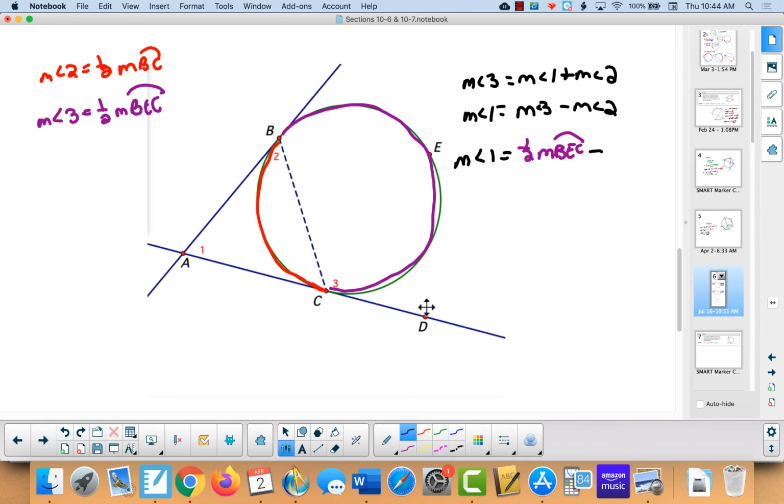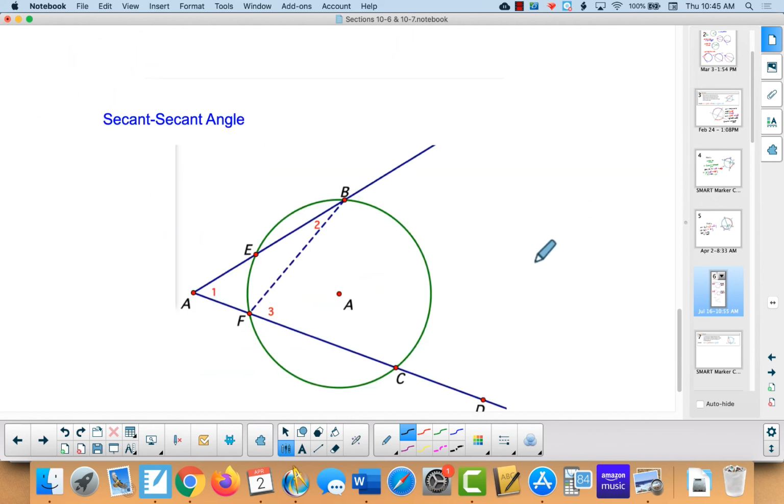The measure of angle 2 is 1/2 the measure of BC. Once again, we're going to factor out the 1/2, and we get that the measure of the angle where the vertex is outside the circle is equal to 1/2 the difference of its intercepted arcs.